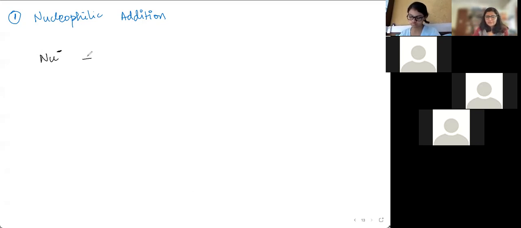So you get a nucleophile and then either an aldehyde or a ketone. This is the reactive center you have, C double bond O. As I said, here it is delta negative and here delta positive. Sorry, delta positive on the carbon and delta negative on the oxygen. Because oxygen is electronegative, it attracts the double bonded electrons.